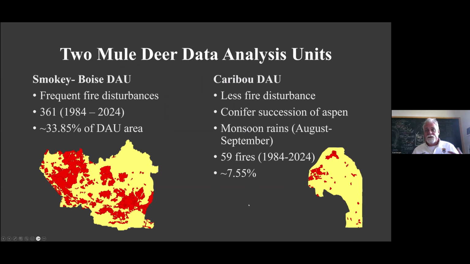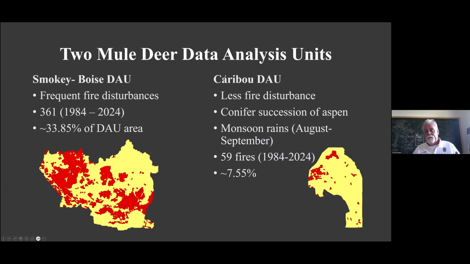The differences between these two came out within that picture of the fire perimeter data from MTSB. Between 1984 and 2024, we've recorded over 361 fires in the Smokey-Boise DAU, one that's more central mountainous in the state. It's consumed over a third of the area in that time.